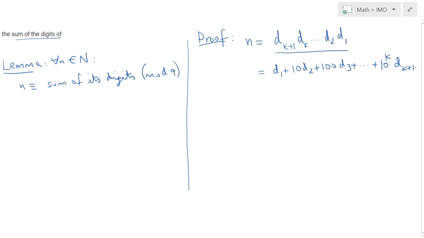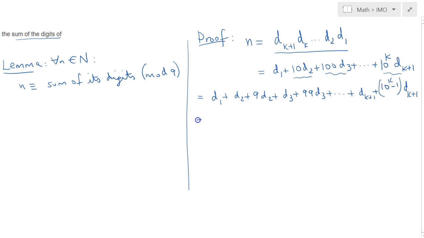But then we can further split these terms. So d1, plus I'm going to split this as d2 plus 9d2, plus I'm going to split this one as d3 plus 99d3, and finally I'm going to split this one as d sub k plus 1 plus (10 to the power k minus 1) times d sub k plus 1.